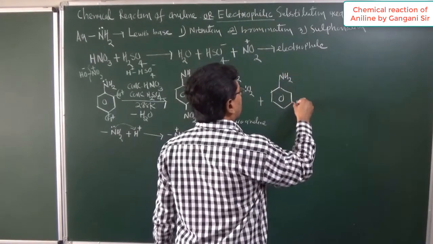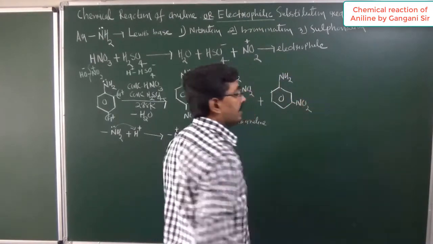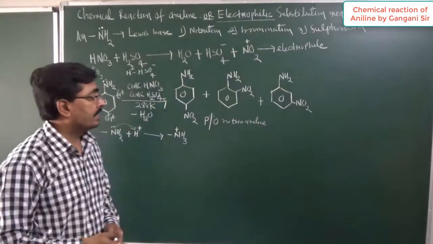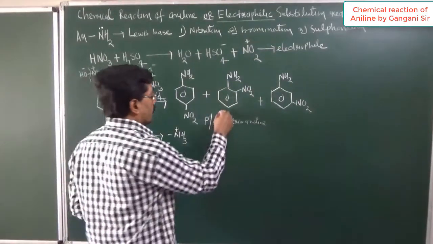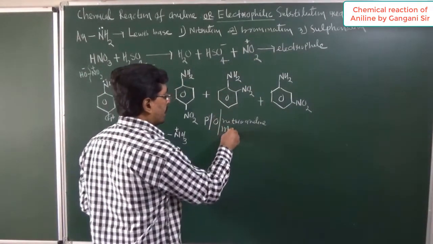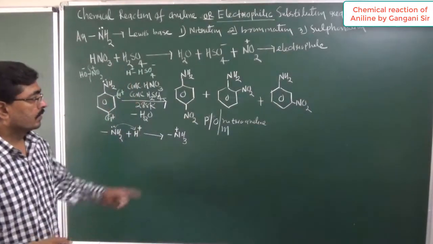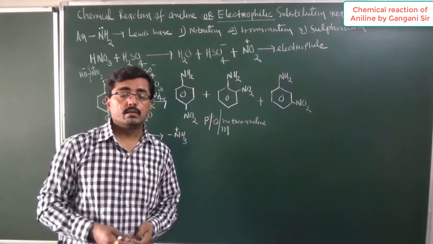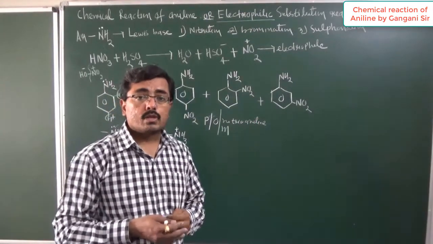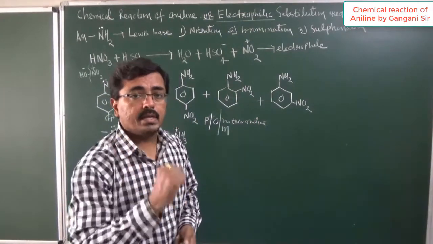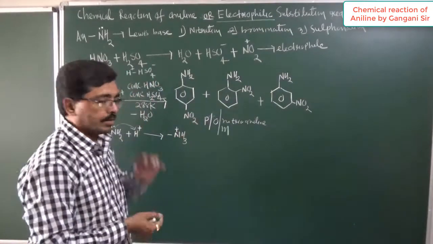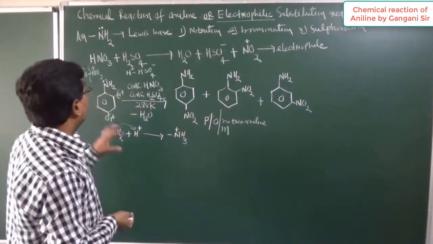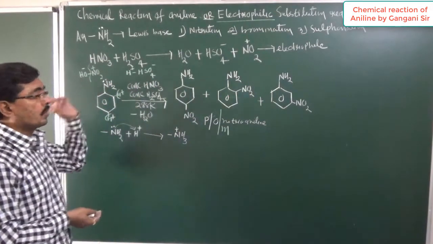So whenever nitration of aniline is carried out, we will get a mixture of ortho, para and meta-nitroaniline. Then suppose I want to obtain only one product, then the amino group I have to block.